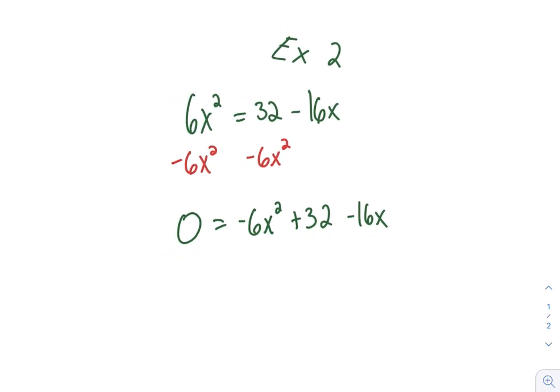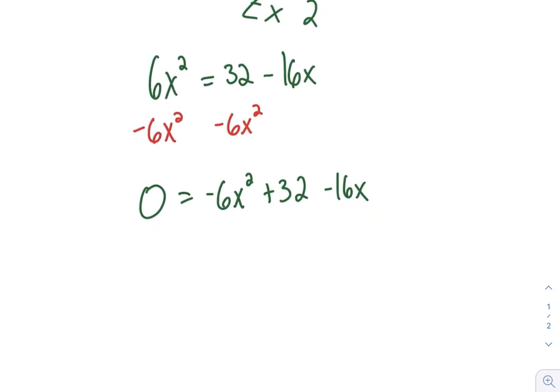Right? So I need to switch the two terms, the plus 32 and the minus 16x. Remember, when rearranging terms, always keep the sign to the left. So 0 equals negative 6x squared minus 16x plus 32. Right? The terms keep their sign to the left.